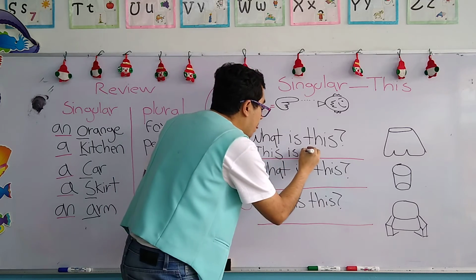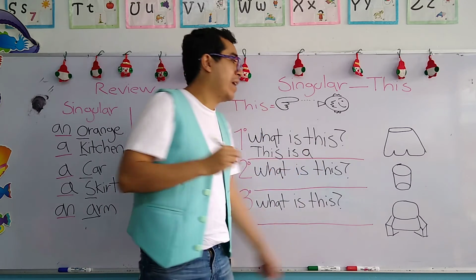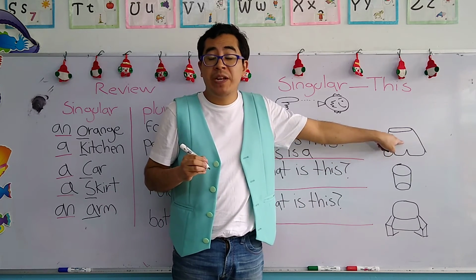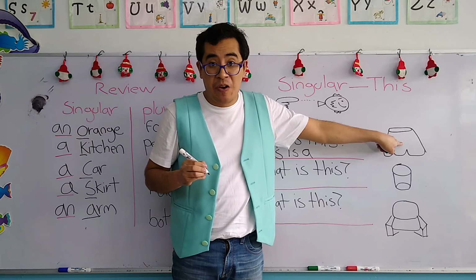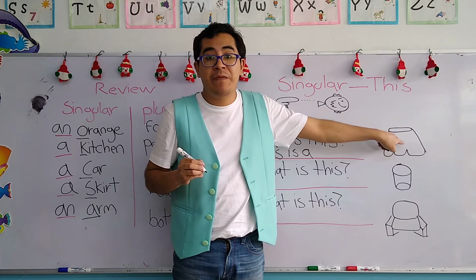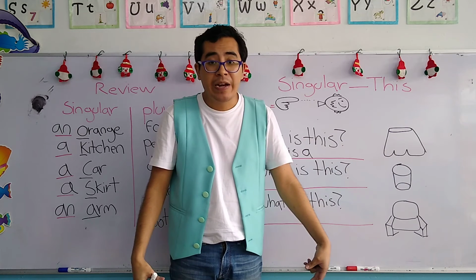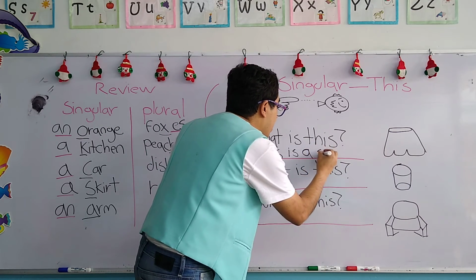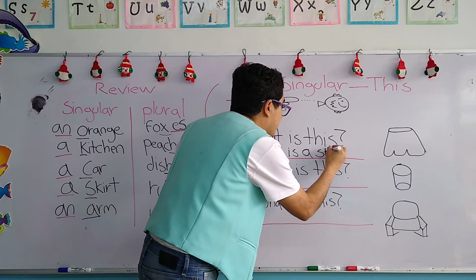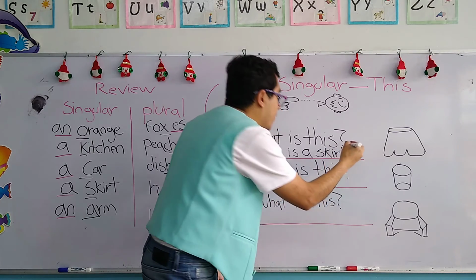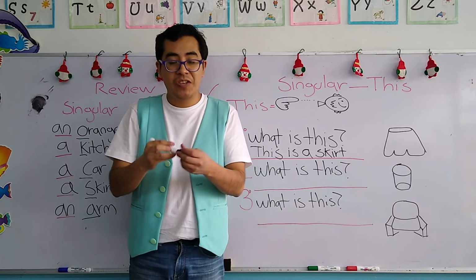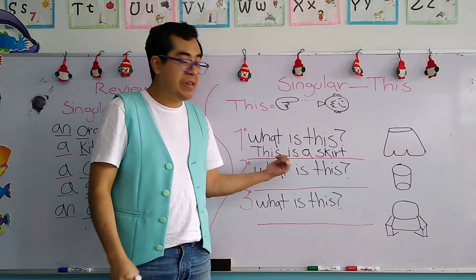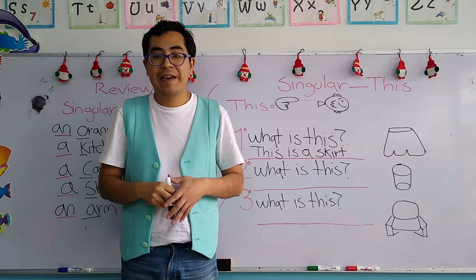This is a, and the name of the object. What is this? A skirt. Remember, it's part of the family of the cloth and it's used only by girls. This is a skirt. Very good. In Spanish means esto es una falda.